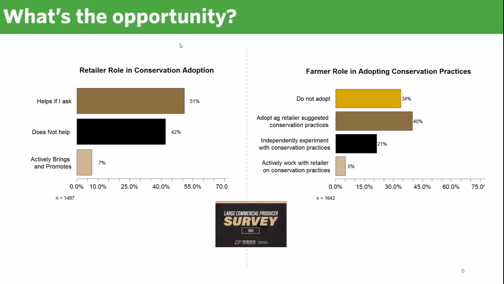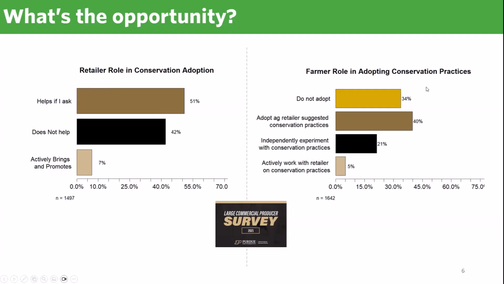So we see also, when we ask the farmers what the retailer's role is when the farmer is adopting conservation, about 90% of the farmers say that they just help if asked for it, or they don't even ask for help. So the farmers are kind of doing that on their own.